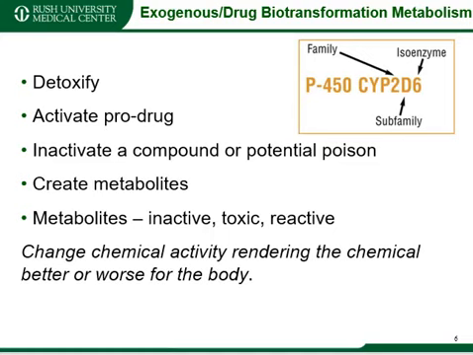They can also activate a prodrug. So a prodrug doesn't do anything biologically. Once it comes into contact with this enzyme, the enzyme alters the chemical formula of the drug and makes it biologically active. It can inactivate a compound or a potential poison. And from an evolutionary standpoint, this is where these enzymes arise.